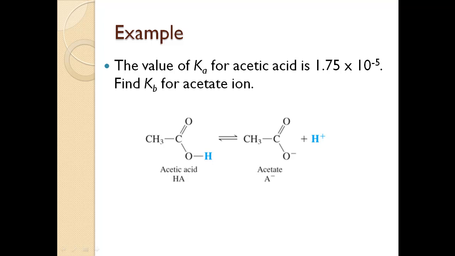I want to solve for Kb, so just divide by Ka, 1.75 times 10 to the negative 5. You divide those two numbers, you're going to get 5.7 times 10 to the negative 10th. So that is the base hydrolysis constant for the acetate ion.